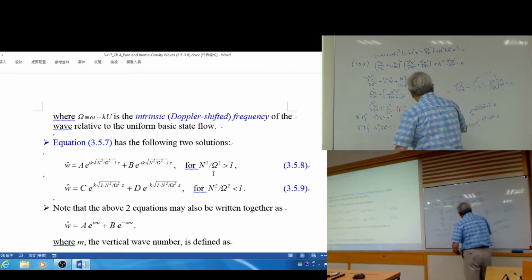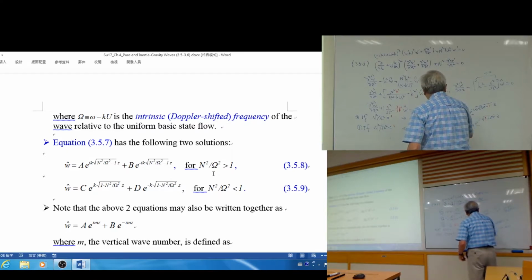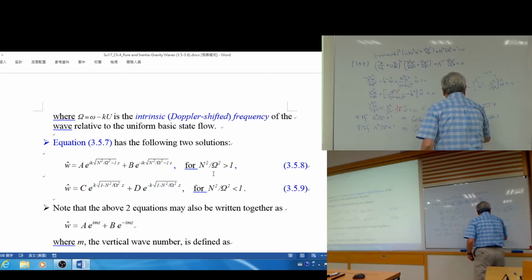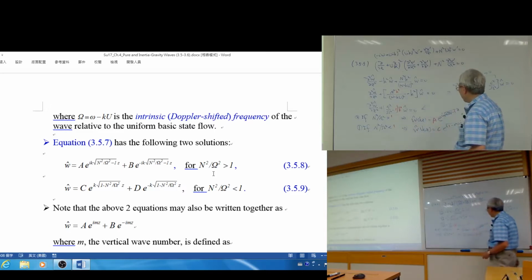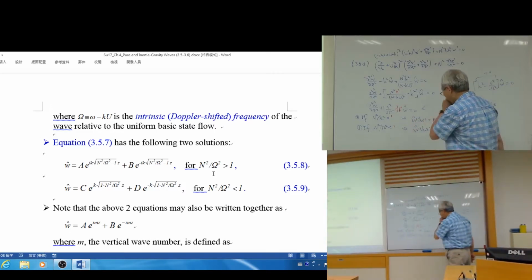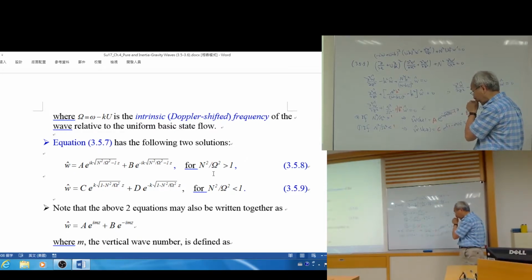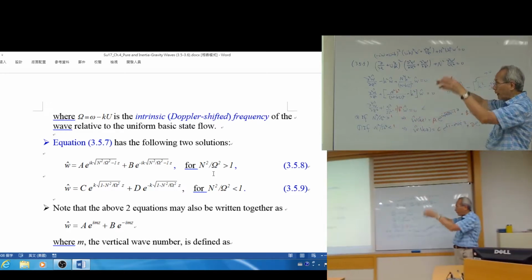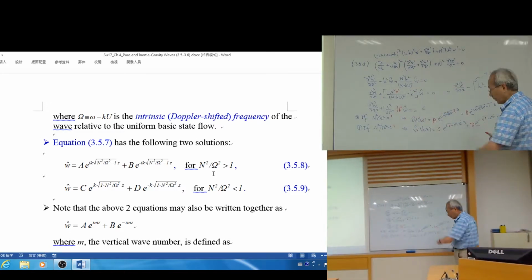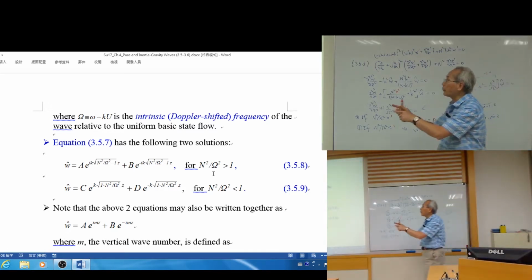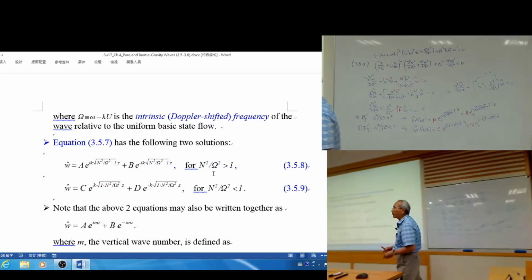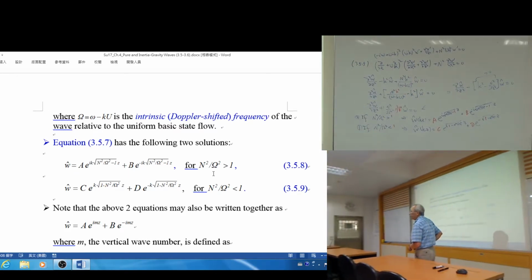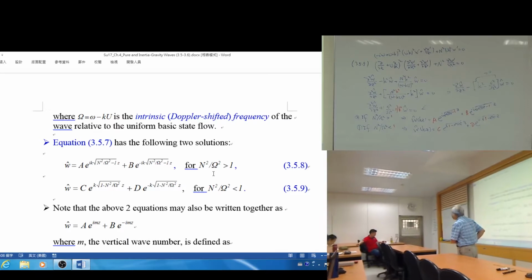So we have A, we have P here, and here will be a different constant coefficient, and D. So these are the solutions. We have two cases that give us two different wave behaviors. Then I think we should take a break for probably 10 minutes and then come back to continue.